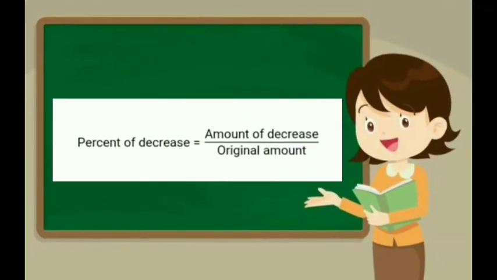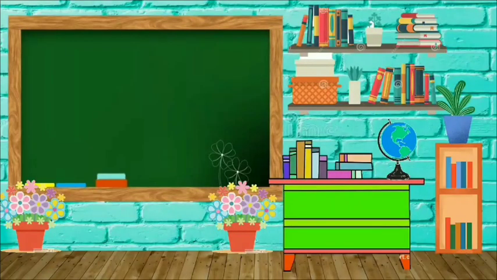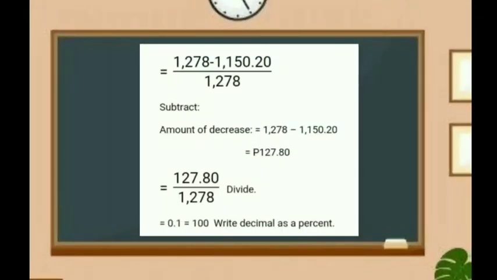First, you need to plan. The formula of percent of decrease is equal to amount of decrease divided by original amount. Then, you need to solve. So, 1,278 minus 1,150.20 over 1,278. So, to get the amount of decrease, we need to subtract.